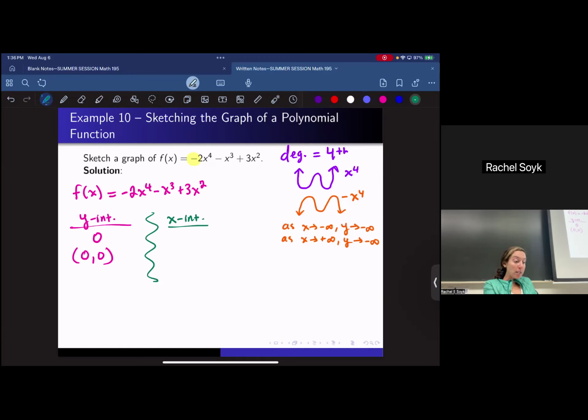And lucky for us, we can pull out a greatest common factor from each of these terms. What can we pull out? Yeah, exactly. We can pull out an x squared. And when we do that, we're left with negative 2x squared minus x plus 3.